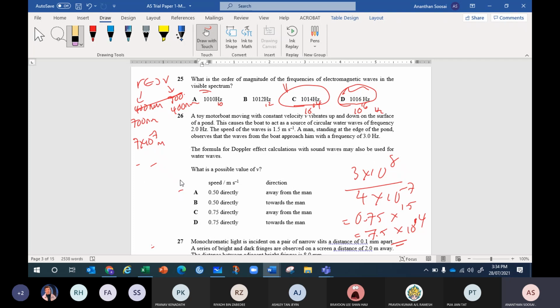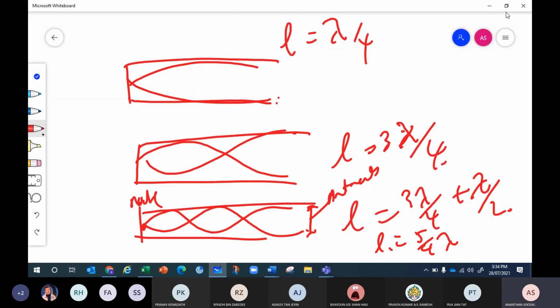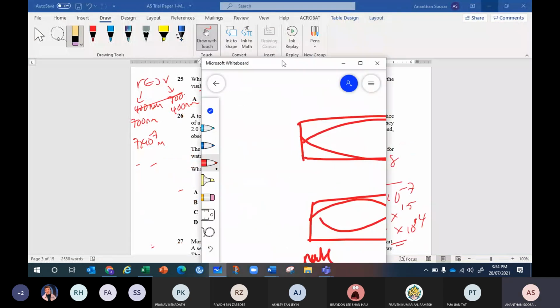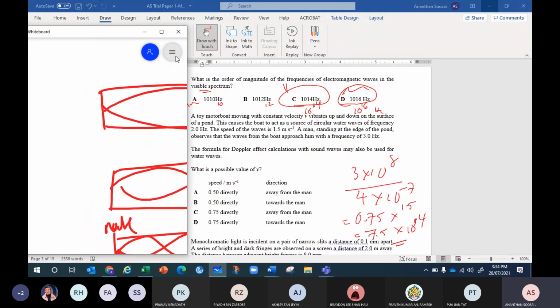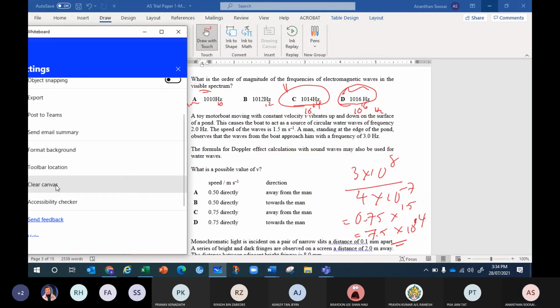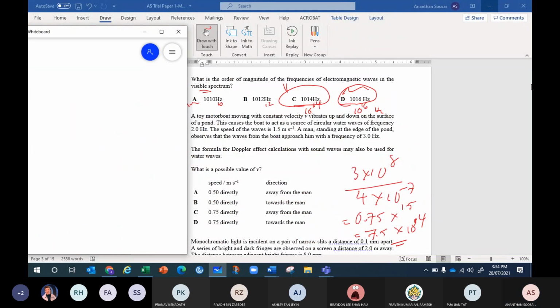So this is a Doppler effect, right? The motorboat can be considered as the source. It gives out a wave, and the person standing at the side is the observer.